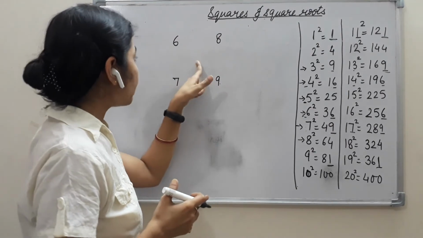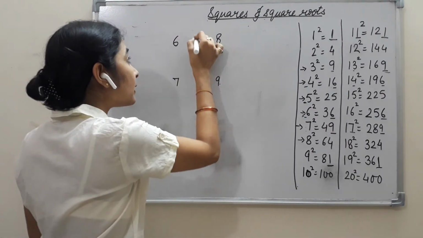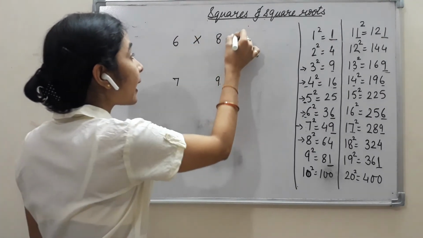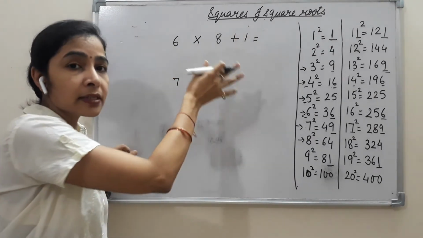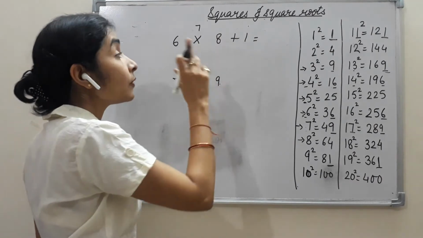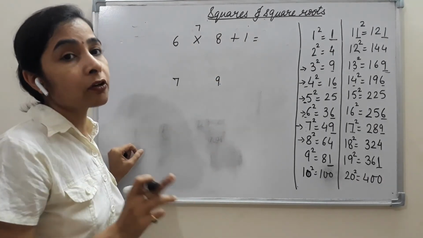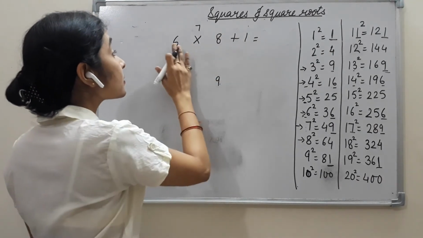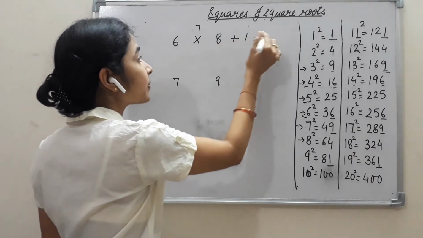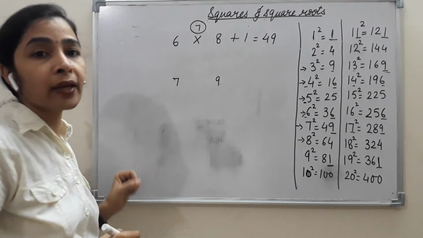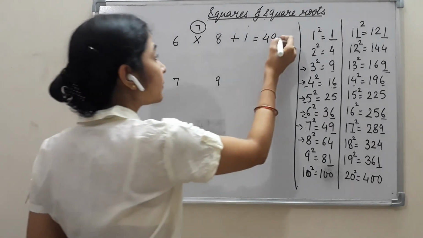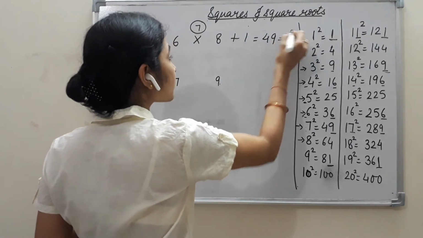That means whenever I multiply 6 and 8 and add 1, it will be equal to the square of 7, which comes between 6 and 8. Let's see, 6 8s are 48, 48 plus 1 gives us 49. So always it will be equal to the square of the middle number, 7 square.